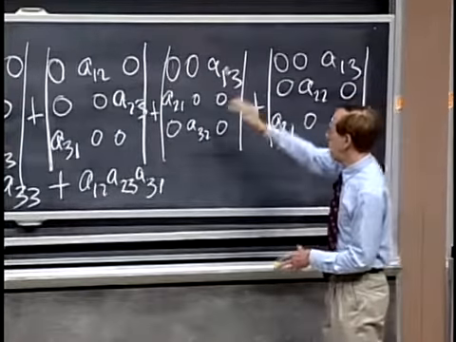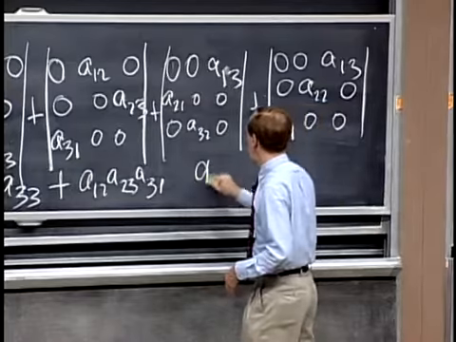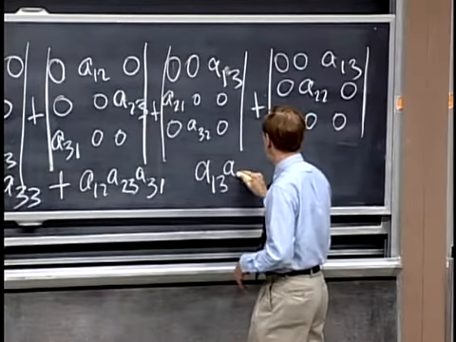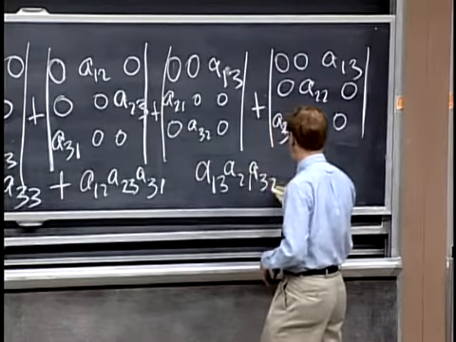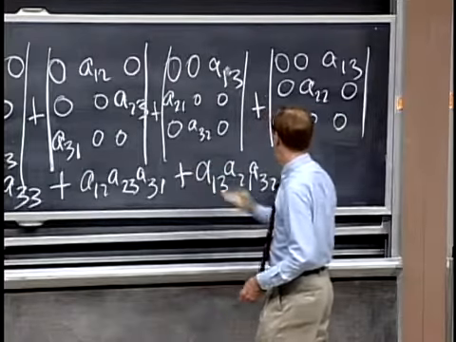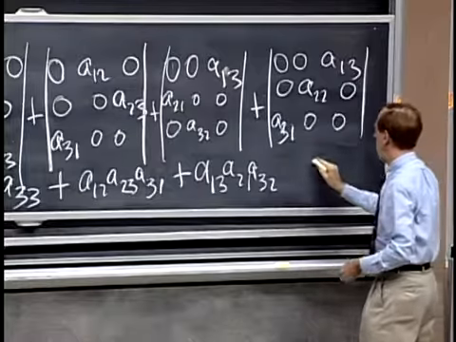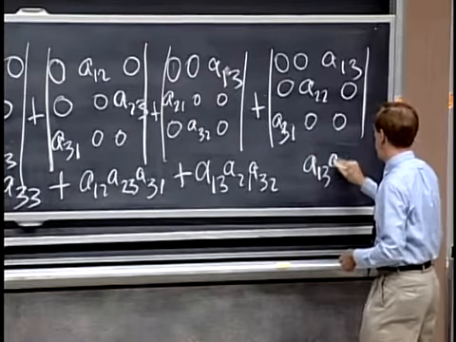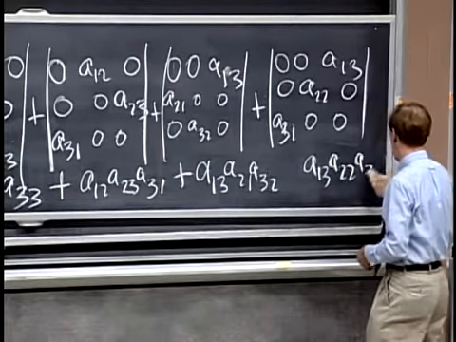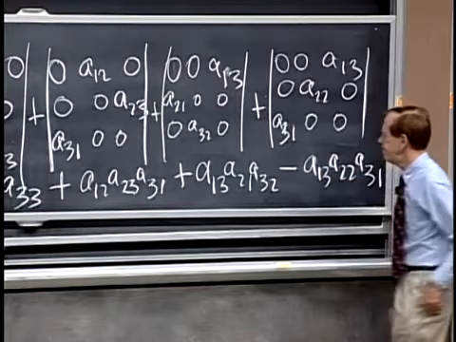And let's put down what we get from those. An A13, an A21, and an A32, and I think that one is a plus. And this guy is a minus because one exchange would order it. And that's a minus.